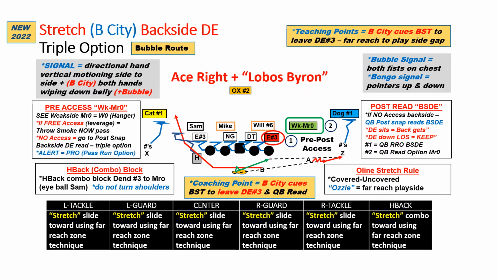That tells the backside or the right tackle here to leave that defensive end. He becomes the read key, and the quarterback will read the defensive end to the weak Mr. 0, 1, 2. It's give to the back, keep, or pass then pitch. That's the 3 steps in the triple option.